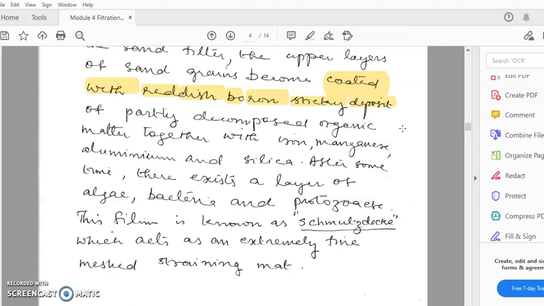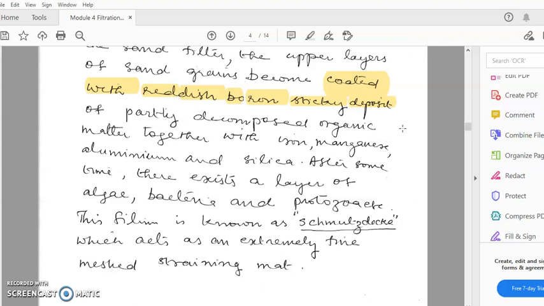During the process, after 1 or 2 days, we can find that because of the reddish brown sticky deposit on the sand media, a thin layer is formed on the top of the sand media.